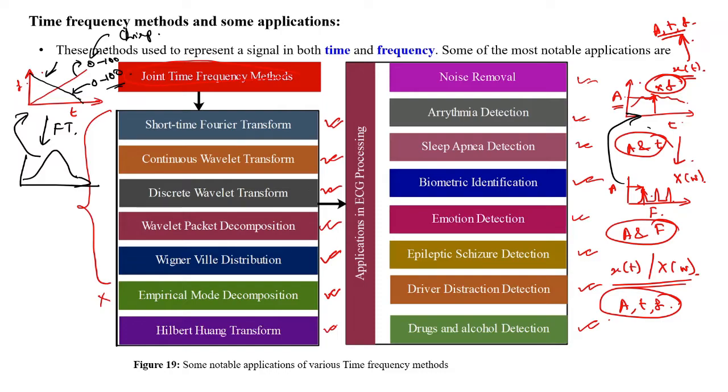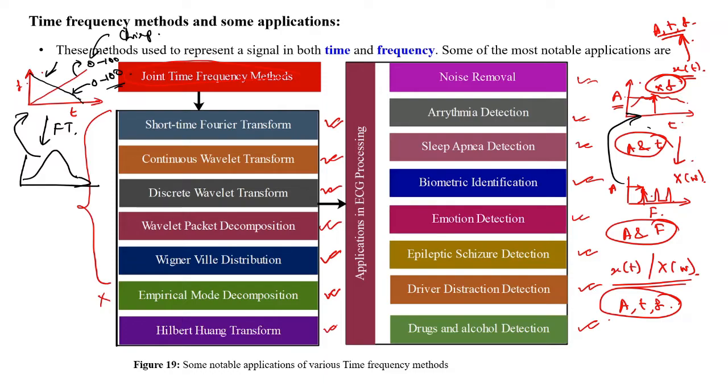If you remember, in the first class I told you, even the ECG signals, which are considered rhythmic or periodic signals, are not periodic signals. Leave alone the other types of signals.